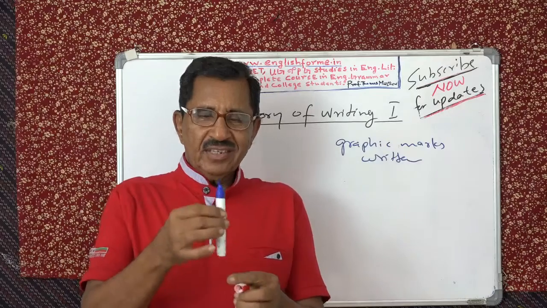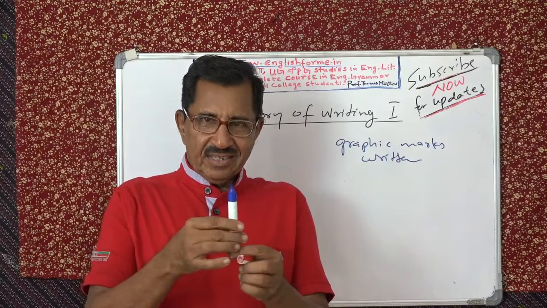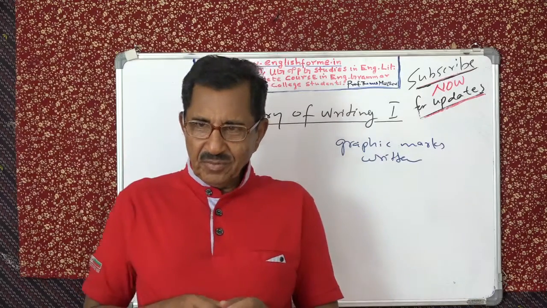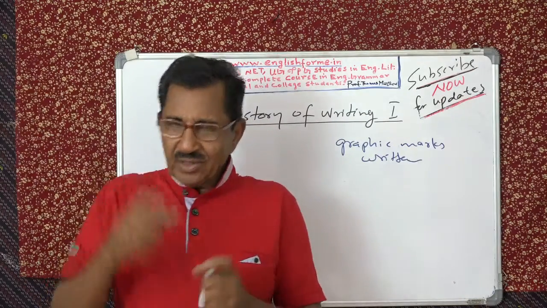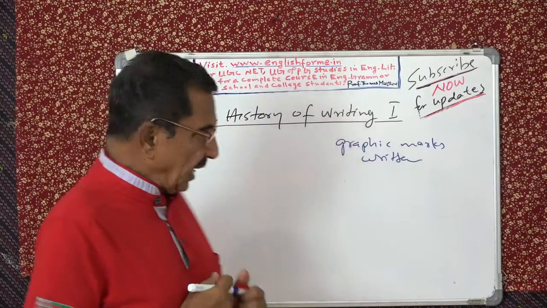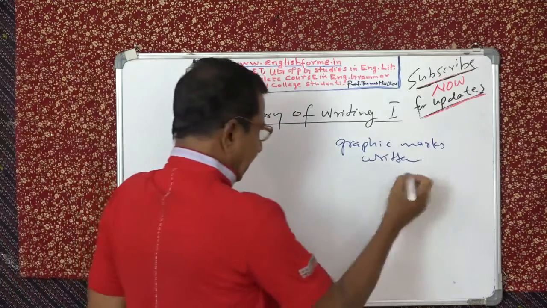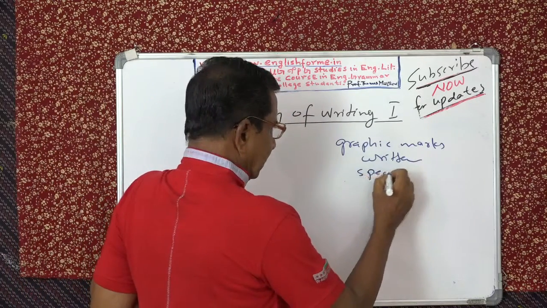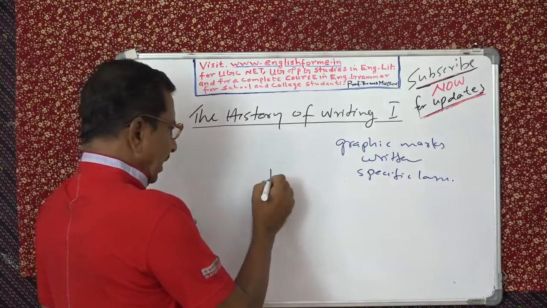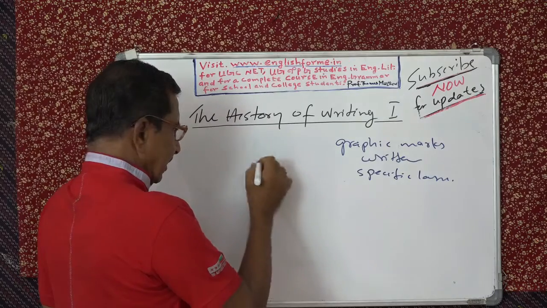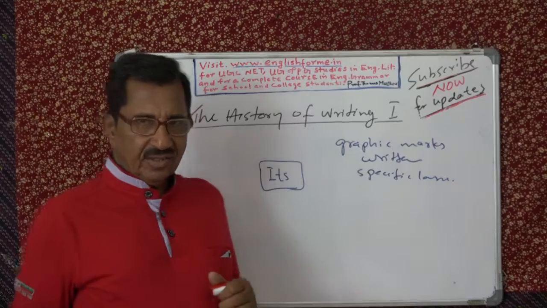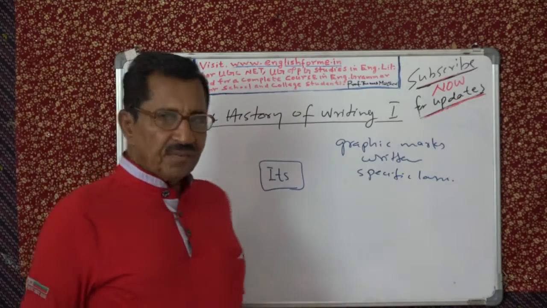And then you have the outer. So you have got specific units of a specific language. For example, you see ITS. This is a unit. The language is English, so these are graphic marks.